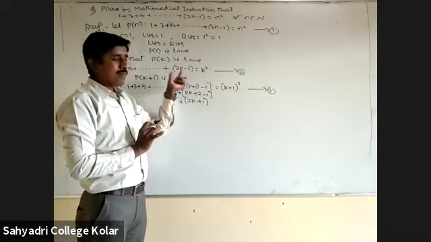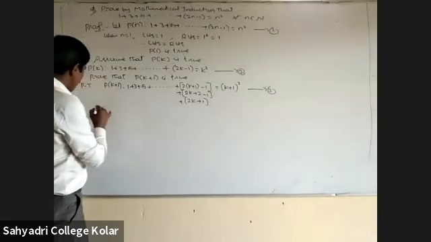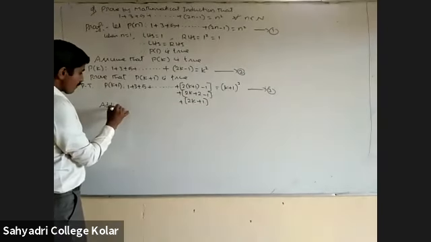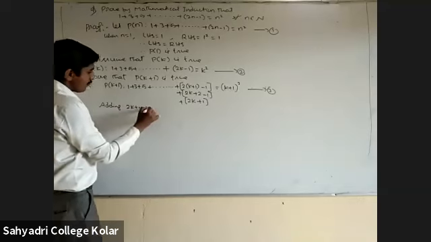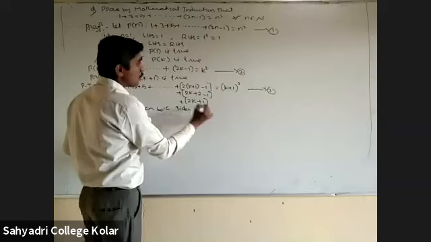Adding this term on both sides of equation 2, adding 2k plus 1 on both sides of equation 2.